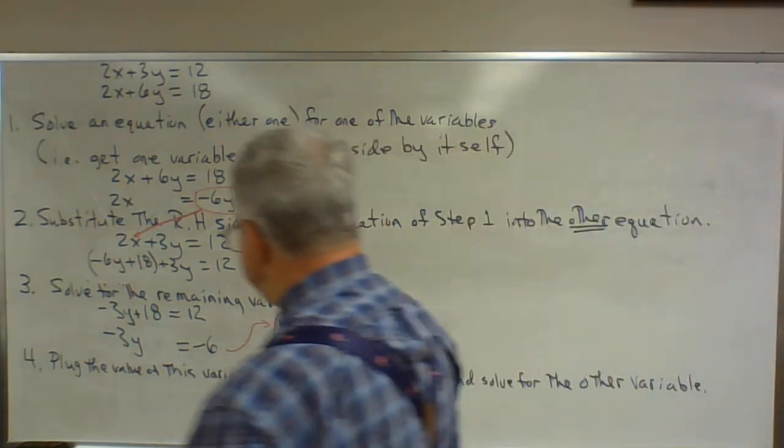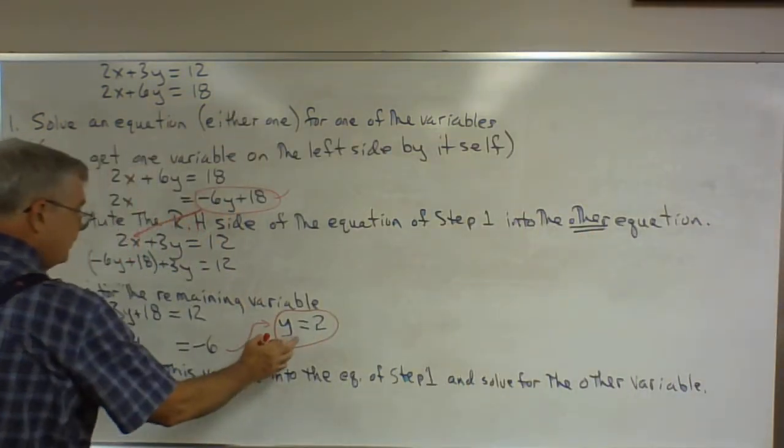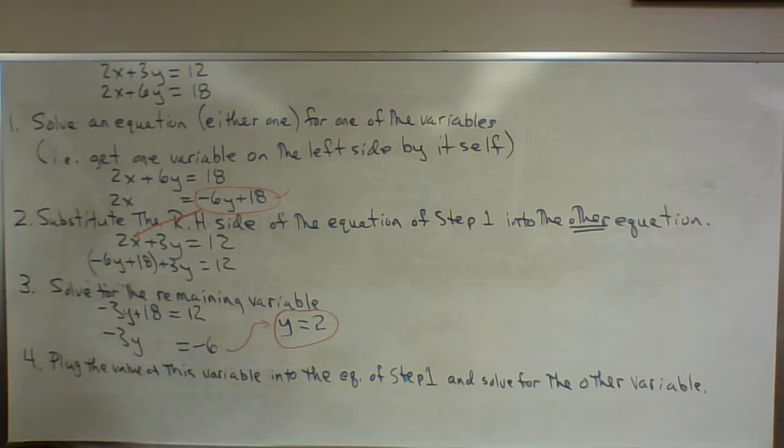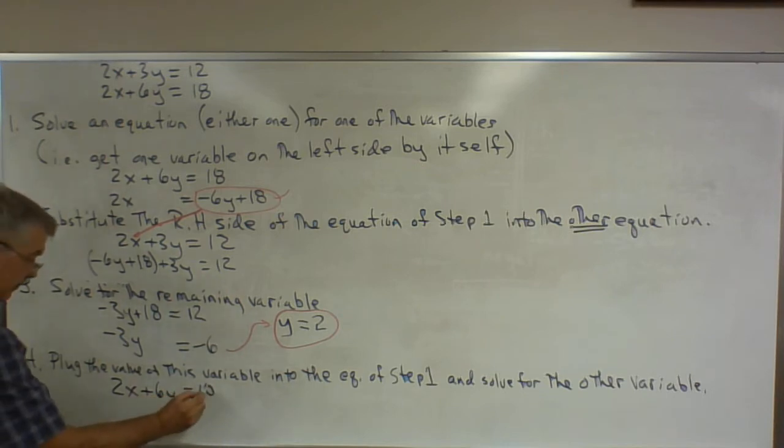And step 4 says plug the value of this variable into the equation of step 1, 2x plus 6y equals 18. So we'll take the equation of step 1, 2x plus 6y equals 18.